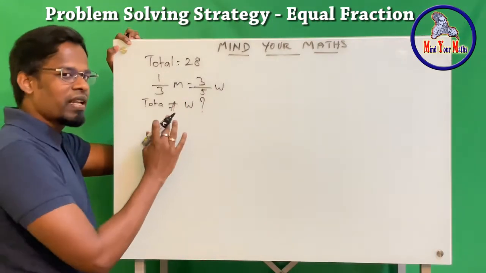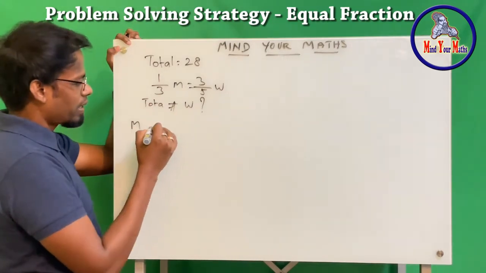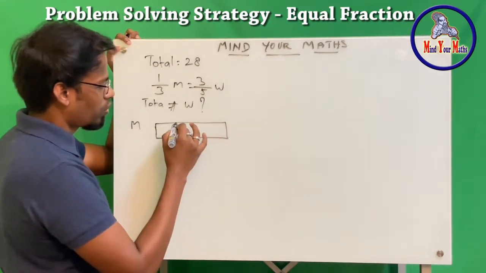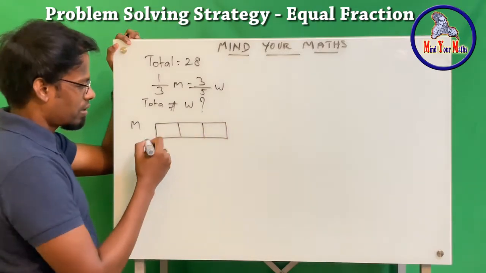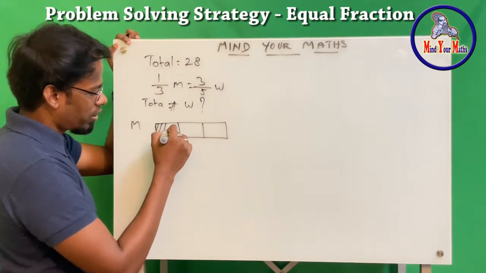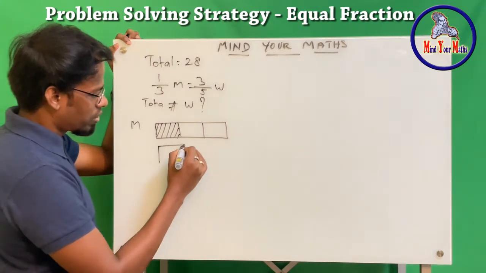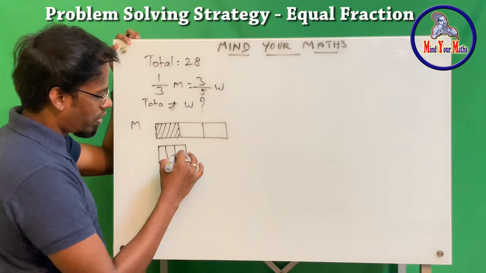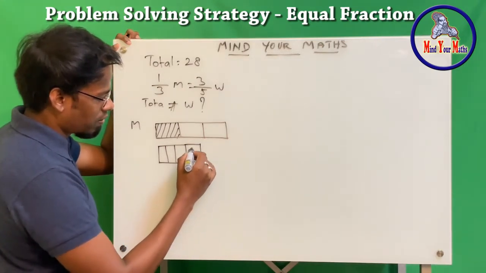So now let's represent this in the model diagram, then you will understand more. The men are put into 3 groups, 3 units rather. In that, the one unit is equivalent to 3 units of women out of 5 units.